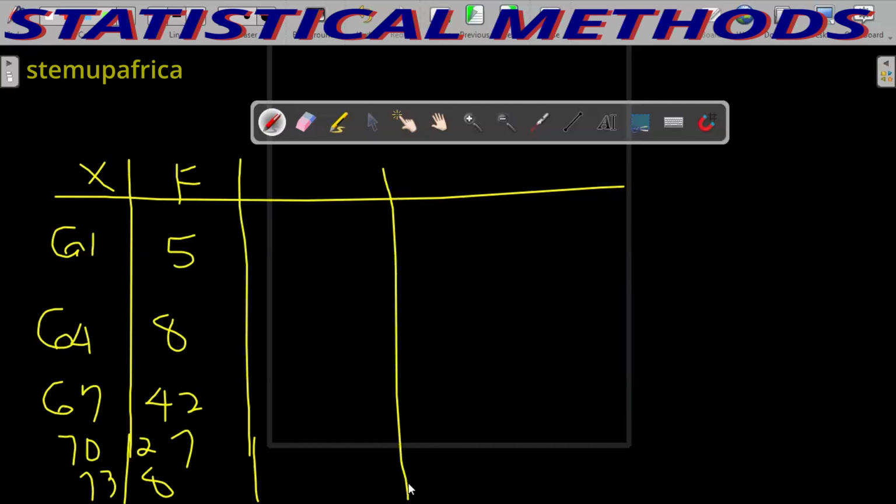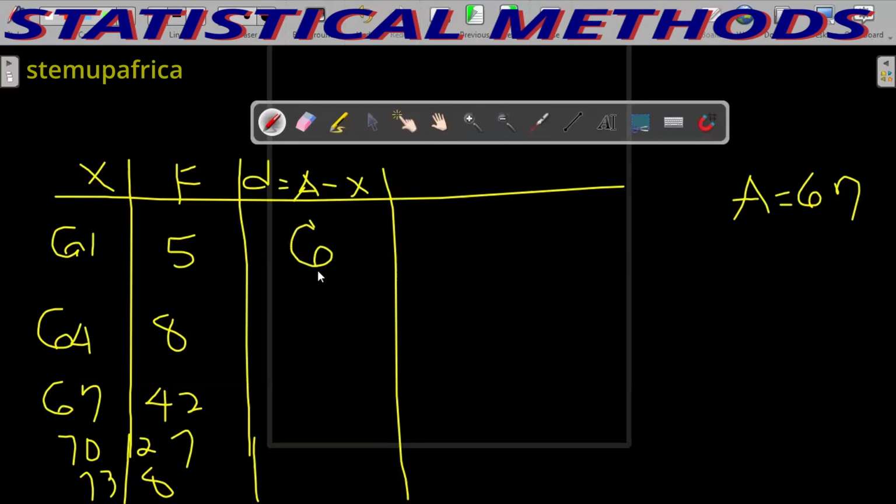Then next, to get our deviation. The deviation is A minus your score, which is the assumed mean minus the score. Don't forget our assumed mean A is 67. So 67 minus 61 will give us 6.